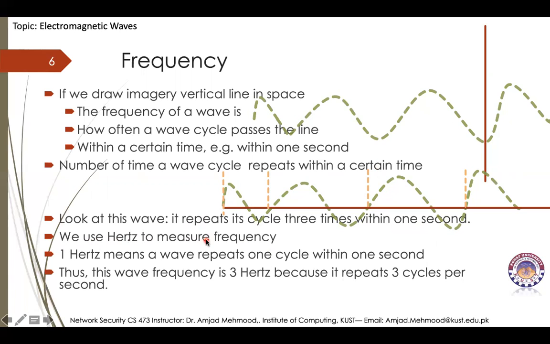Hertz is the unit of frequency. 1 hertz means a wave repeats one cycle within 1 second. As 3 cycles are passing here, we call it 3 hertz. The wave frequency is 3 hertz because it repeats 3 cycles per second. So how many cycles pass through this vertical line within a second, we call it frequency.